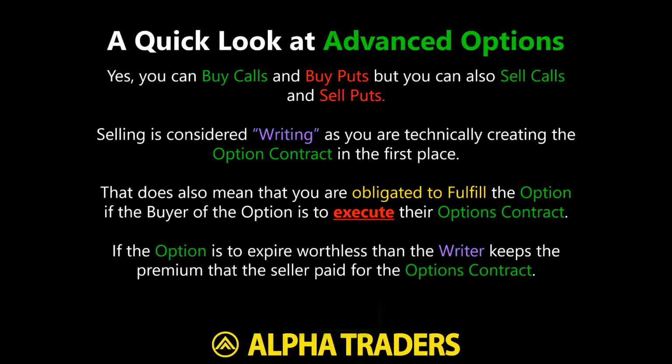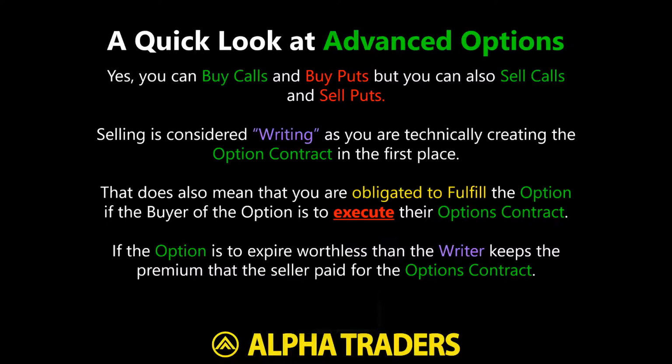So these can become very tricky and very pricey if you're on the wrong side of that contract. And now all of a sudden you have to fulfill somebody's AMD order of 100 shares that you were not prepared to buy for them.